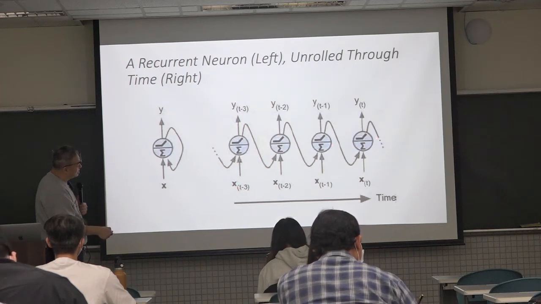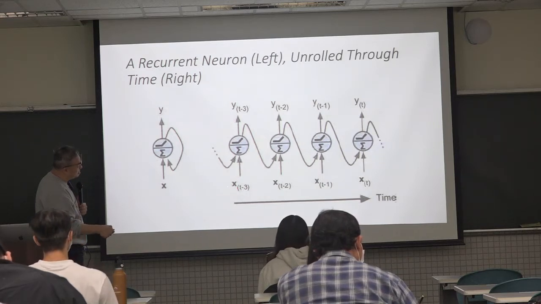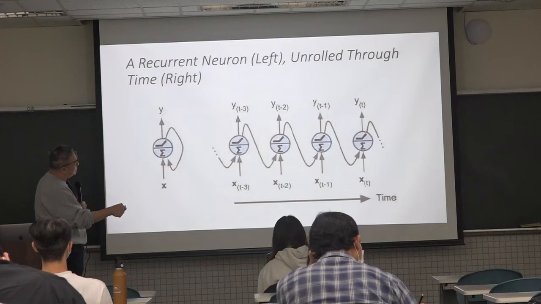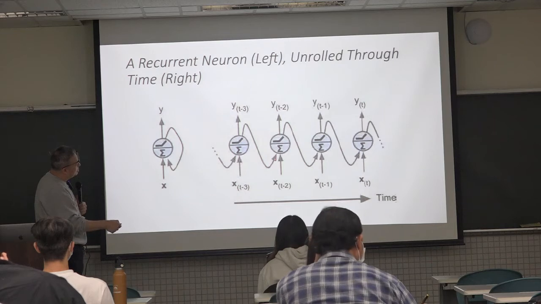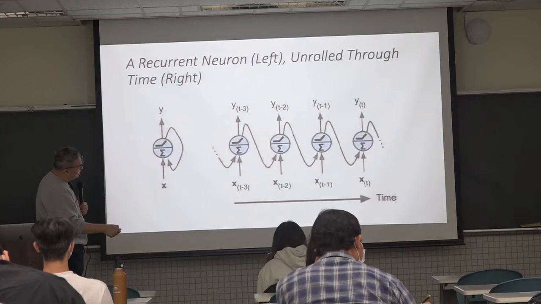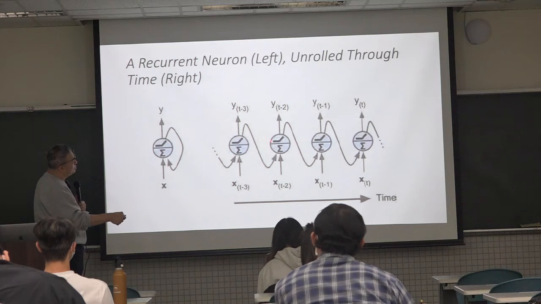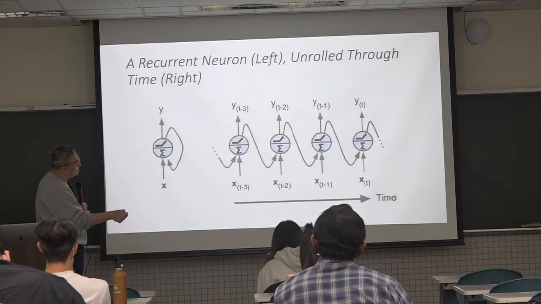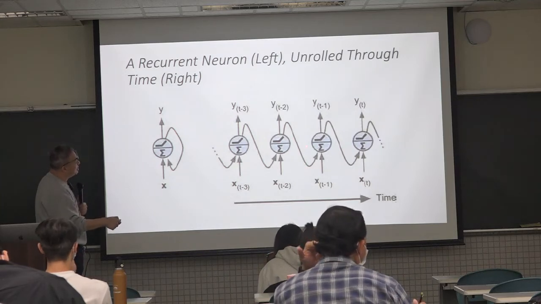This is the input for time step t-3, and this will produce y at t-3, and y t-3 will be the input for the same neuron, along with the next input x t-2. With these two inputs, this neuron will create y t-2. And again, this will be fed back to the same neuron again and again.